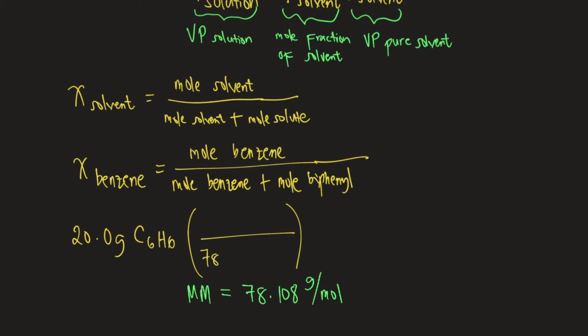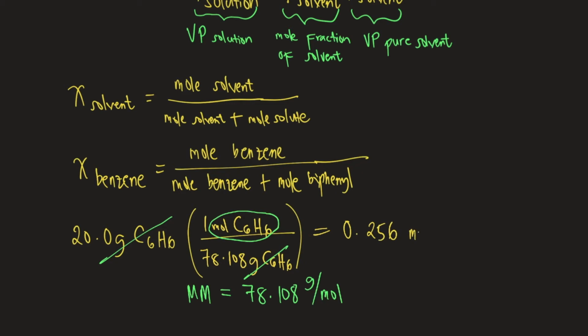So you put 78.108 grams of C6H6 below, and on top you put 1 mole of benzene. So grams of benzene will cancel, and now you have moles of benzene. If you solve for it, this is equal to 0.256 moles of C6H6. So that's the moles of benzene.